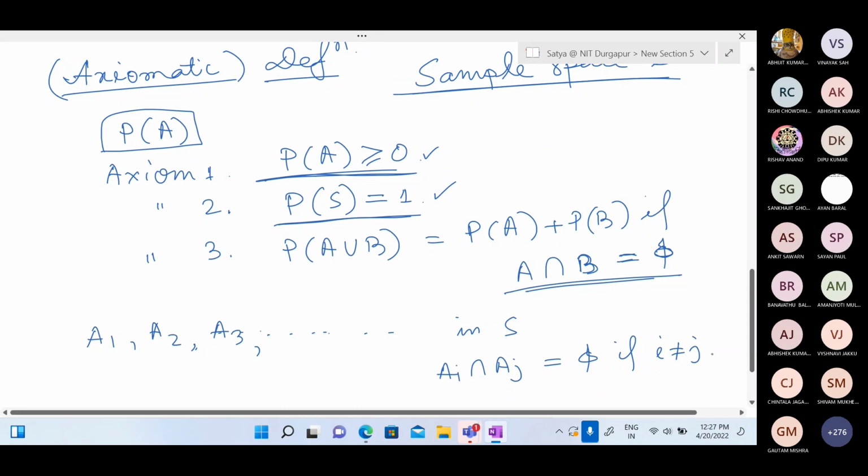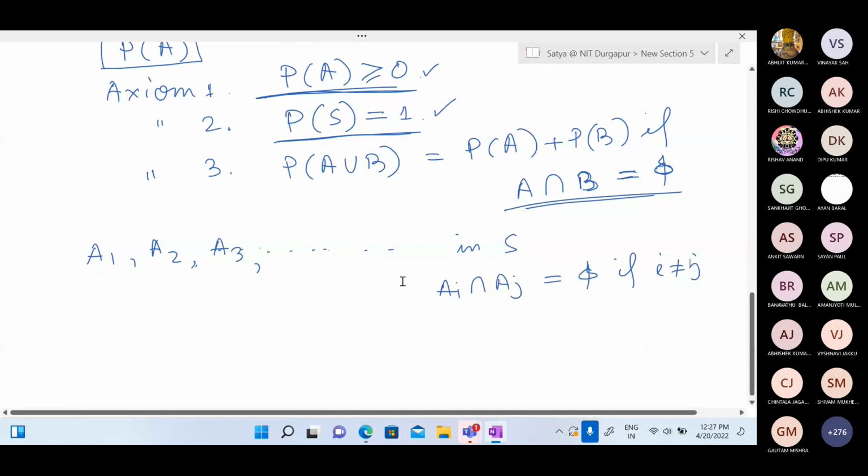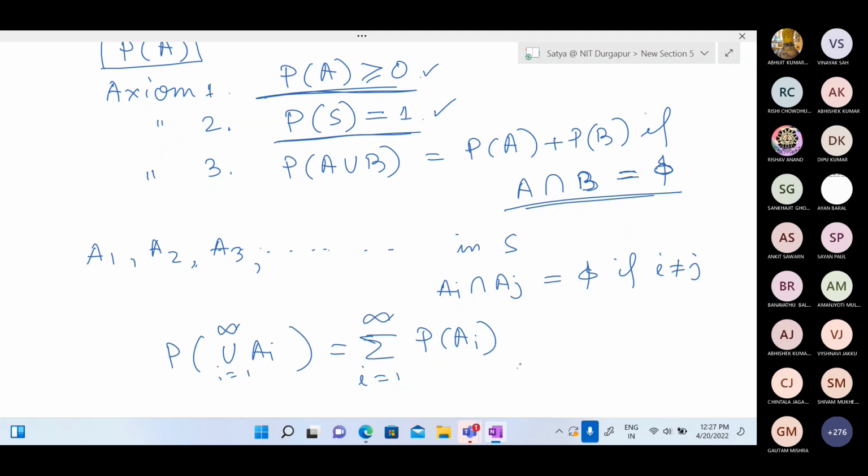Then instead of axiom 3, for the infinite case you need to satisfy this one: probability of union of Ai, i equal to 1 to infinity, equals summation of P of Ai, i equal to 1 to infinity. That means this condition needs to be satisfied. If it is satisfied, then we call the probability of A that value.